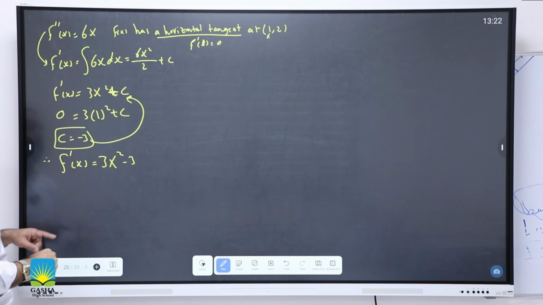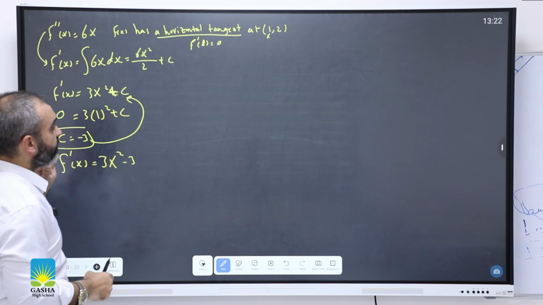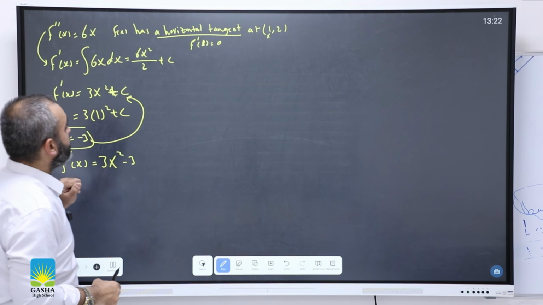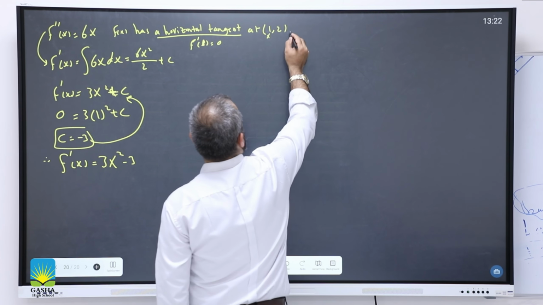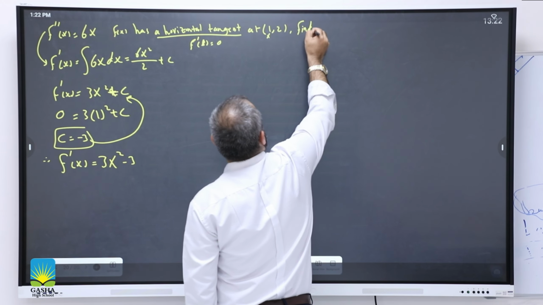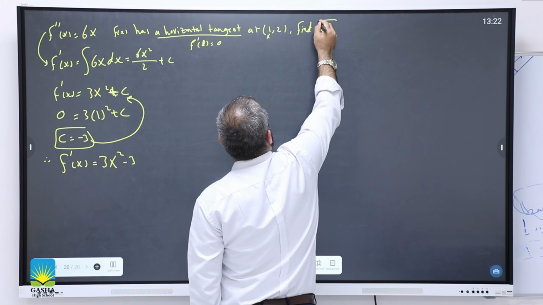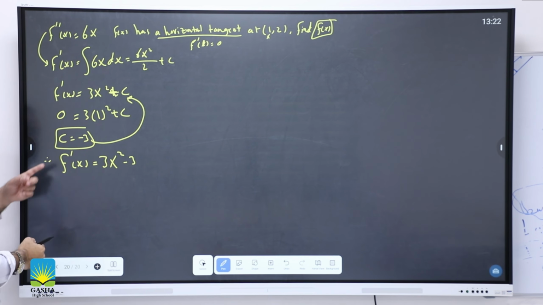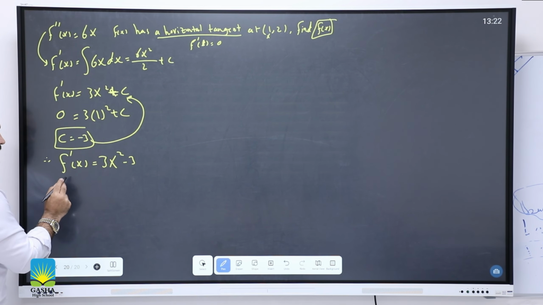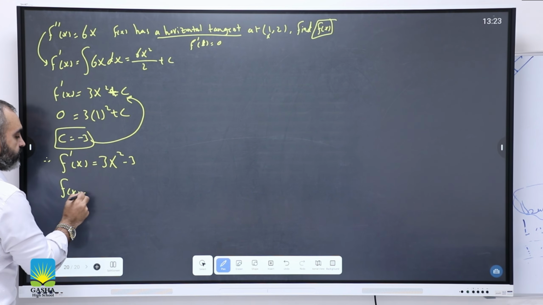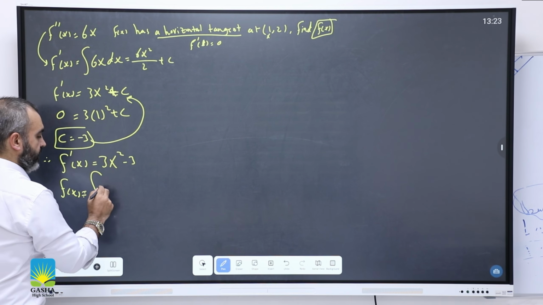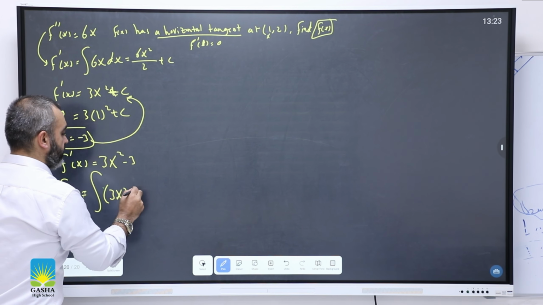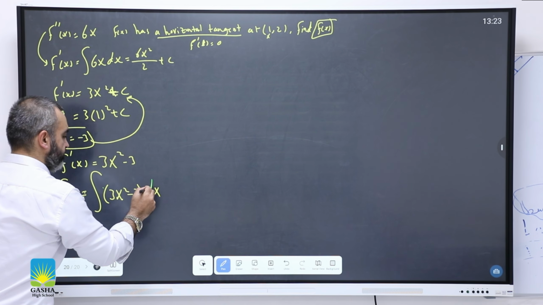And also we find f of x, because the question says find f of x, right? Find f of x. And we also take the integral about this function, f of x equal to the integral of 3x squared minus 3 dx.